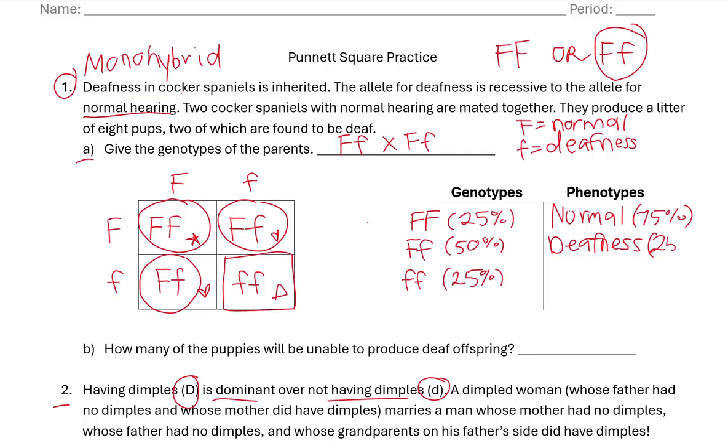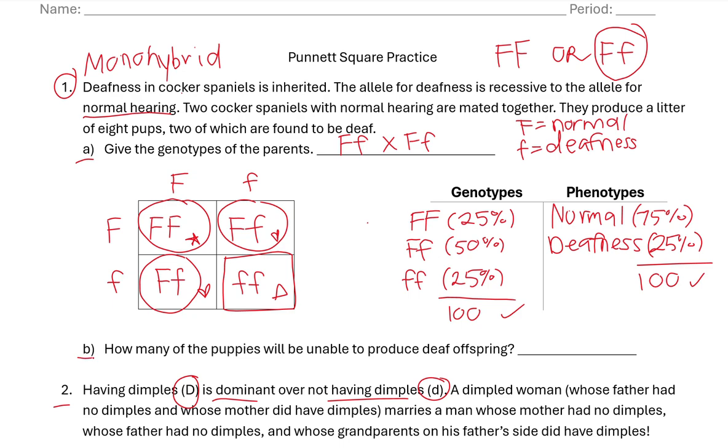So 25%. And if you have done this correctly, these should total 100%. That's just an easy way to check yourself. If they don't, then you have done something incorrect.